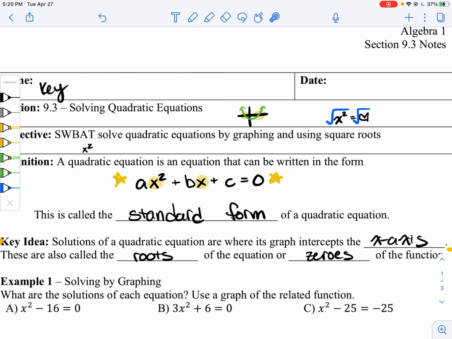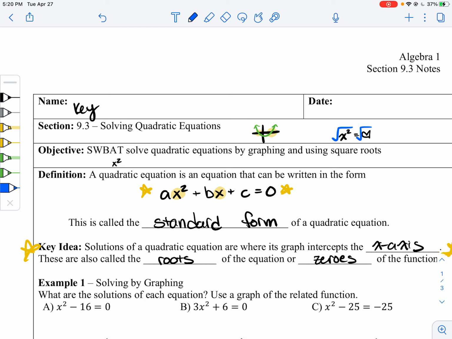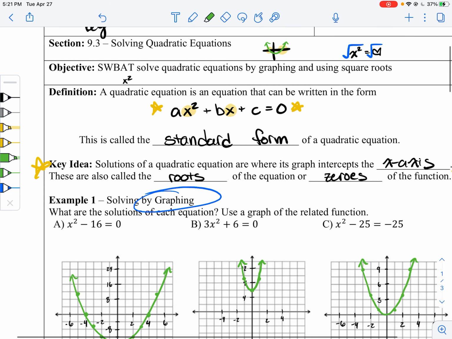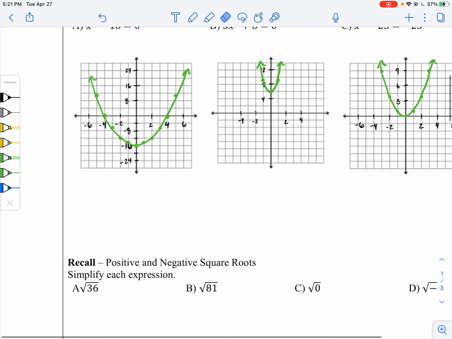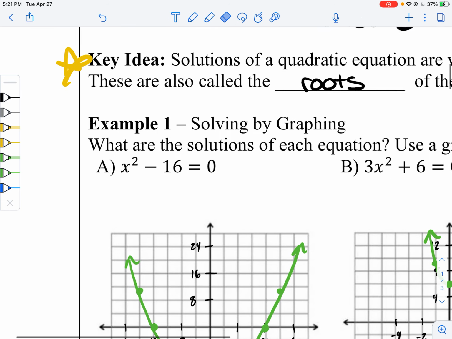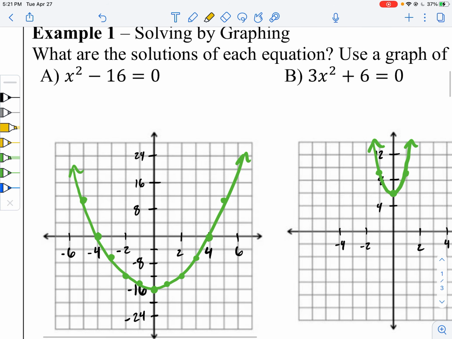So go ahead and spend some time graphing these down here. Pause the video and graph them. I did already. So here's the first one. Now remember, the solution is what happens when you take this graph, x squared minus 16.